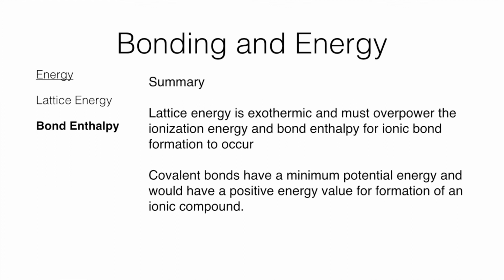Also, another key idea of this video is that covalent bonds have a minimum potential energy, and that's when those atoms have the lowest possible energy: it minimizes proton-proton repulsion, it minimizes electron-electron repulsion, and it maximizes that proton-electron electrostatic interaction. So that's the point when we have the lowest negative value.